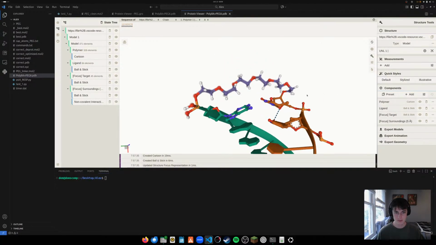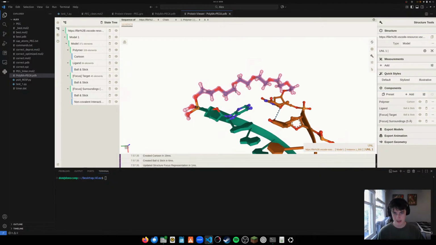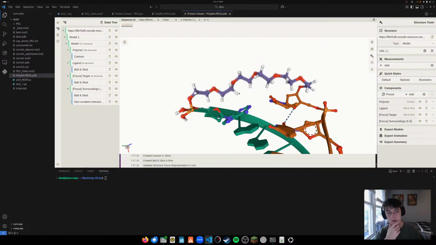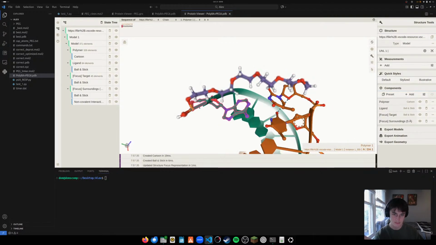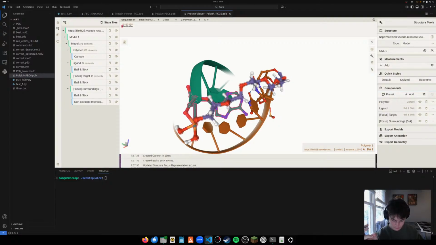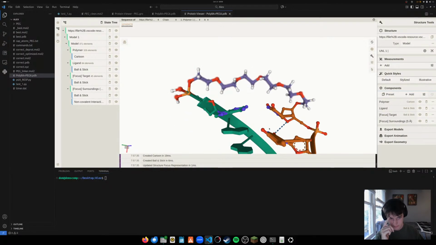But there's this PEG linker that we need to attach. To be able to add this, we basically need to create a custom residue. So we need to cleave off this. We need to add the phosphate and then probably add a carbon, and that'll represent the rest of the molecule.